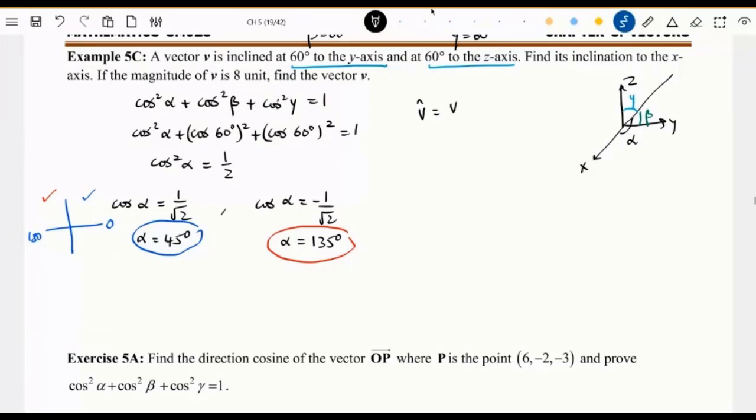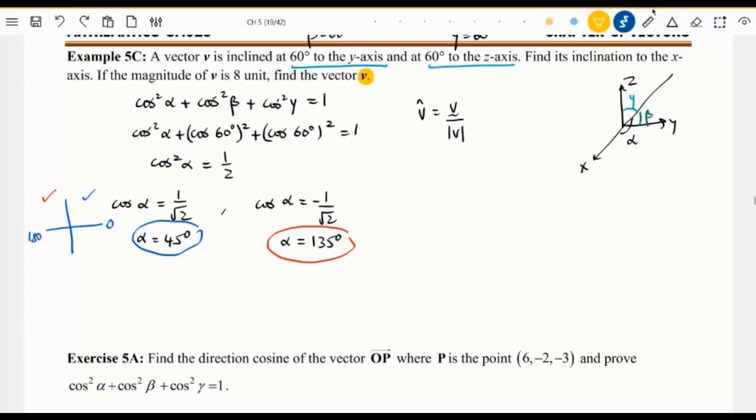Okay. So for the V hat, V hat formula dia adalah position vector V over magnitude V. Okay. So sekarang ni, kalau kita ubah position dia, saya jadikan V dia sebagai subjek sebab kamu nak cari V ni.